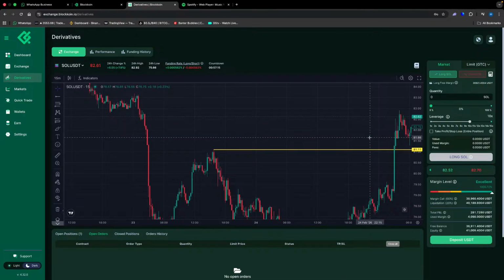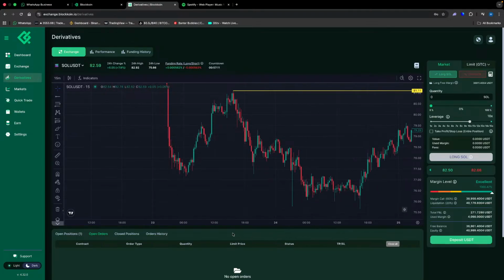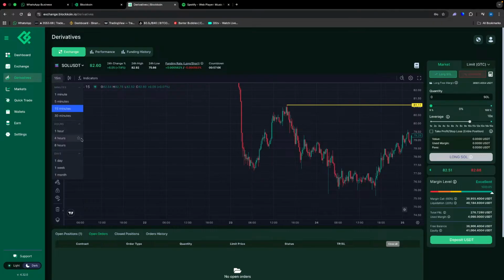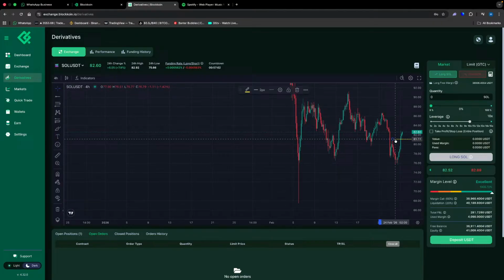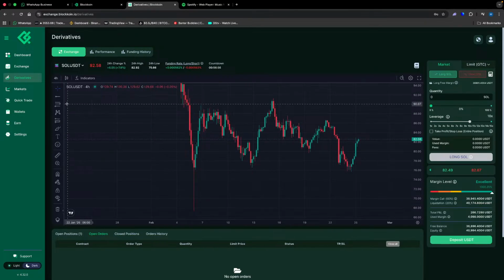So step 2, what is a fake out? On the fake out, it will just be better on the 4-hour over here. And just delete this. So a fake out, I'll be using support over here on the 4-hour.